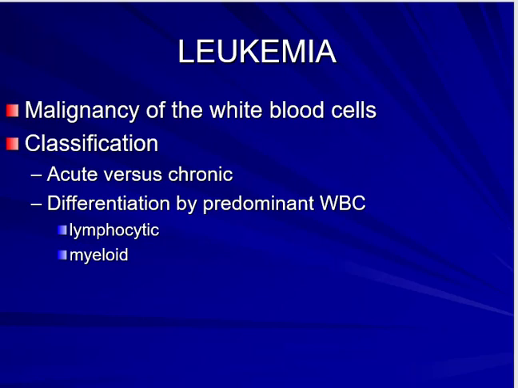So in ALL, acute lymphocytic leukemia, the bone marrow makes too many lymphocytes. If you have acute myeloid leukemia, the bone marrow makes too many myeloblasts. They also make too many red blood cells and platelets, but the myeloblast is the white blood cell.